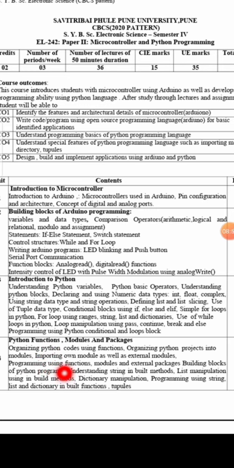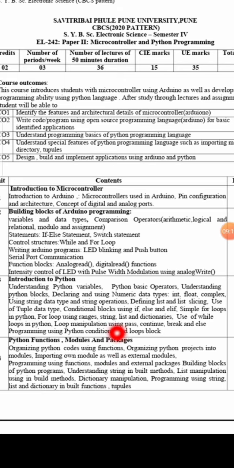Organizing Python code using functions, organizing Python projects into modules, importing own modules as well as external modules. So in this chapter we are going to study the different Python functions, different modules and packages, and we are going to learn how to write a program using Python.